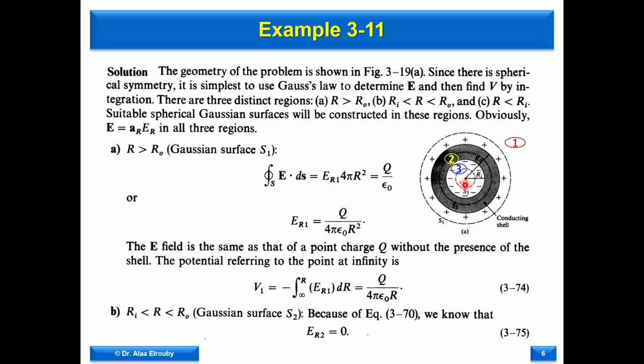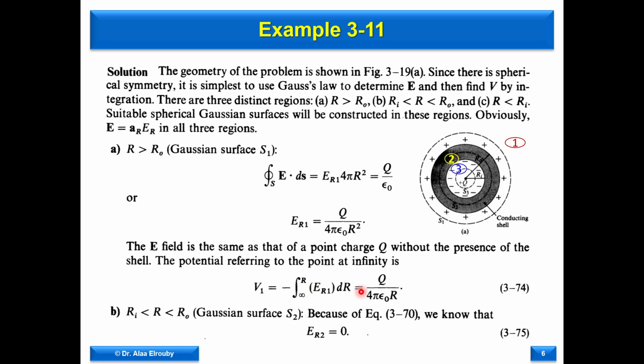The total charge is positive charge Q. We're going to talk later about this negative and positive sign. So the field in region number 1 equals Q over 4 pi epsilon naught R squared. To find the electric potential, it is the potential at this specific point minus the potential at infinity, which is 0.